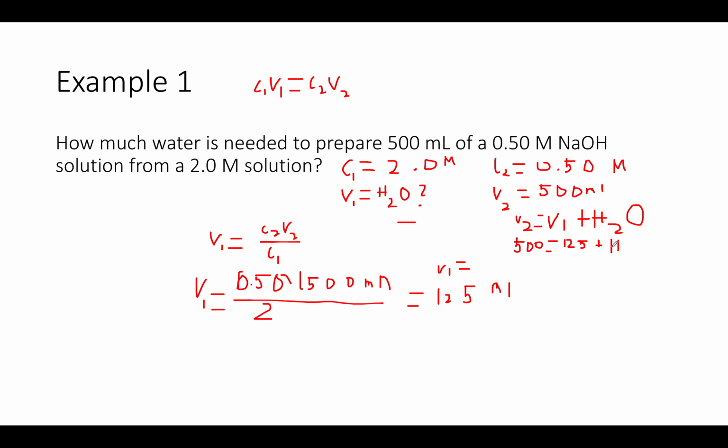To isolate the water as a variable, I would subtract 125 from both sides and get 375 mils of water. And that is our answer. So not hard, but you just got to be careful with the wording to make sure that you're getting what the question is asking for.